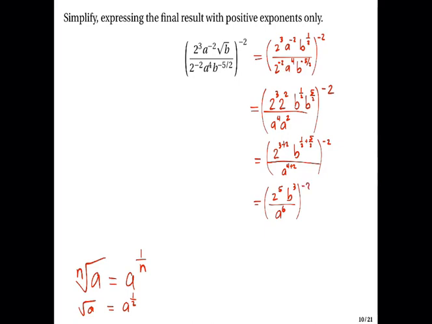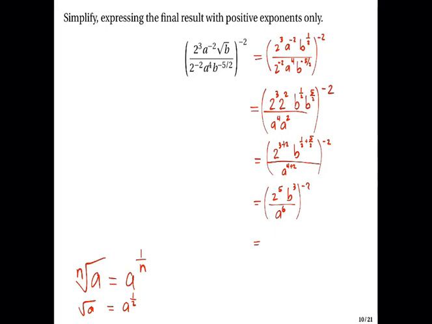Okay? And then we distribute this exponent negative 2 to each of the factors here, because these are multiplications. So you can do that.